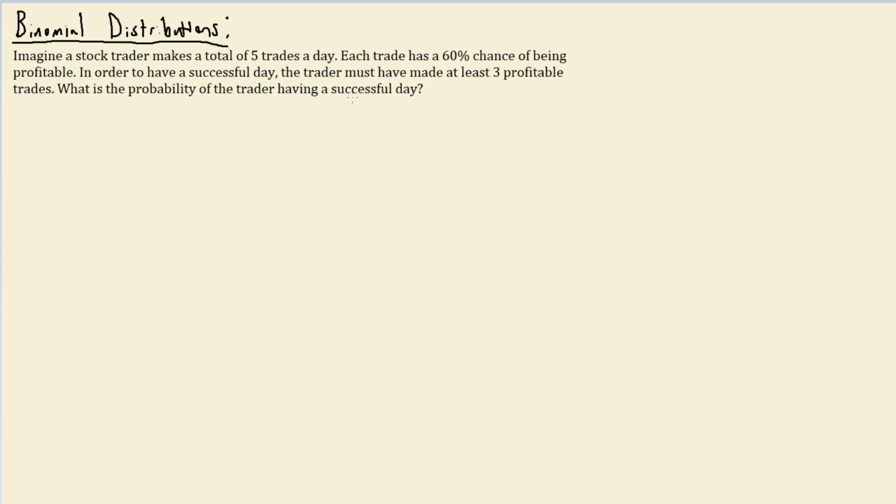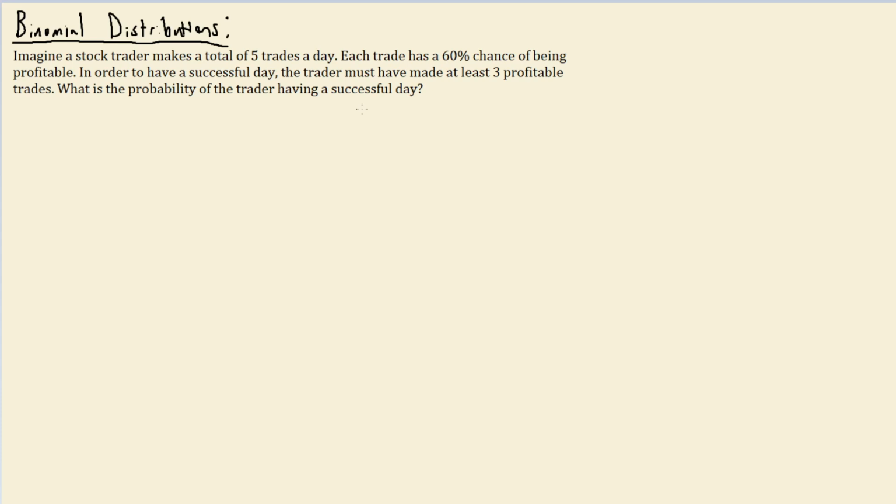Well, there's basically 3 ways that the trader can have a successful day. That's if all of their trades are successful, 4 of their trades are successful, or 3 of their trades are successful or profitable. Anything else, if the trader had 2 profitable trades, that would not be a successful day.